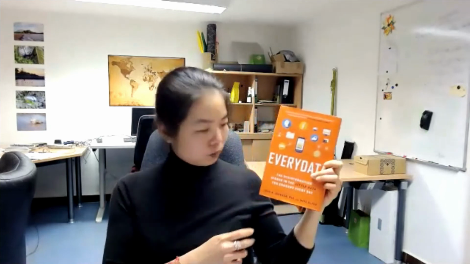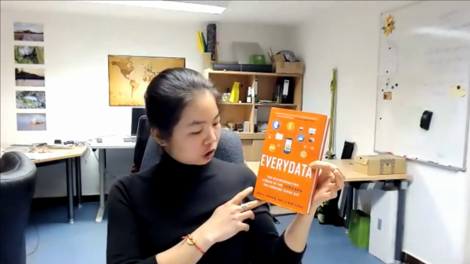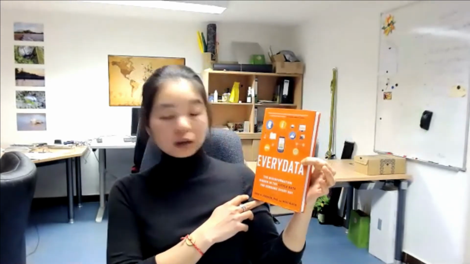I said in this book, The Numbers Game, or Everydata, from John Johnson and Mike Gluck. The authors do a fantastic job of pointing out many examples where there's a problem with data analysis, that only when you are educated in it will you recognize the problem and not follow the conclusion blindly.